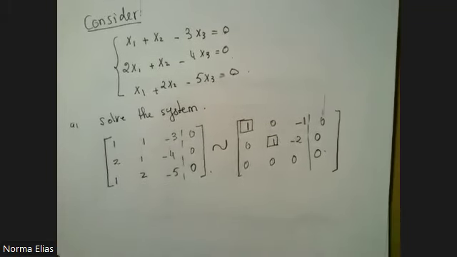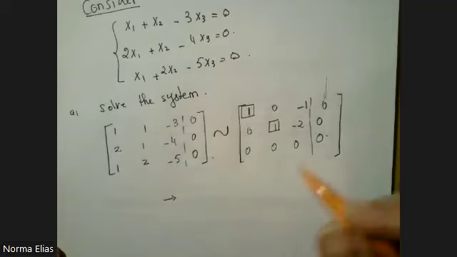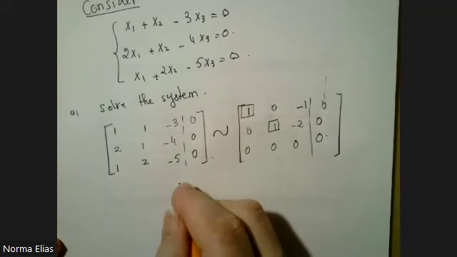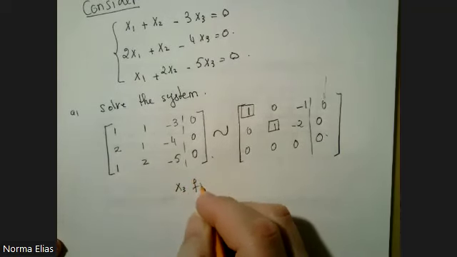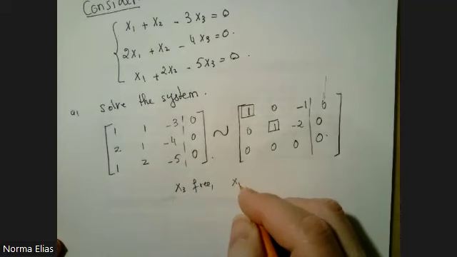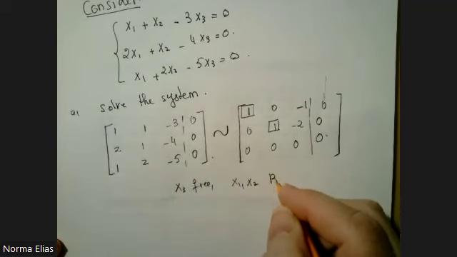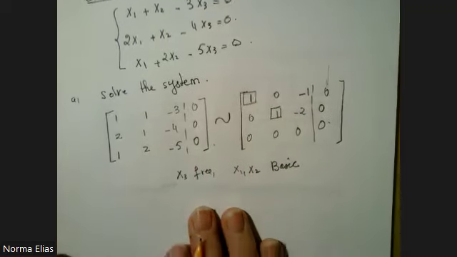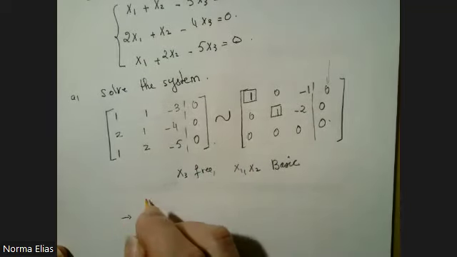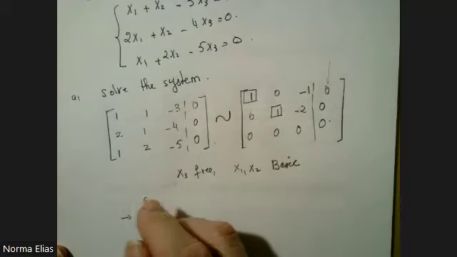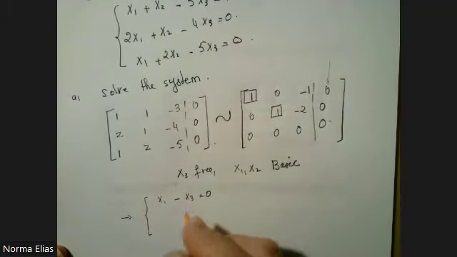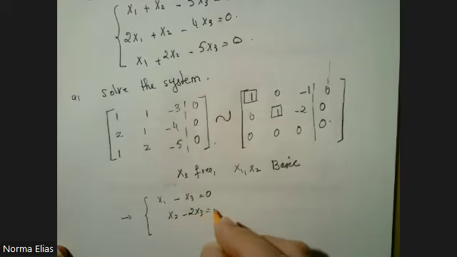So let's remember how we write the solution. It means x1, x2 are the basic variables. Okay, you should remember that. So now let us write the system that corresponds to that. The first row reads x1 minus x3 equal to 0. The second reads x2 minus 2x3 equal to 0.